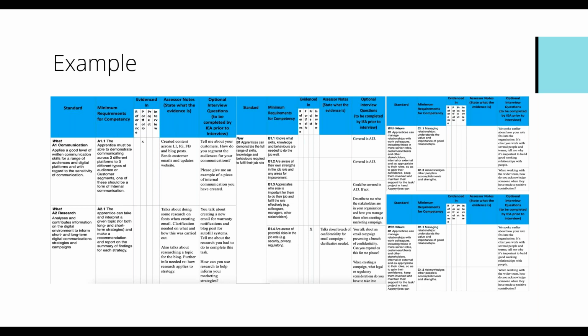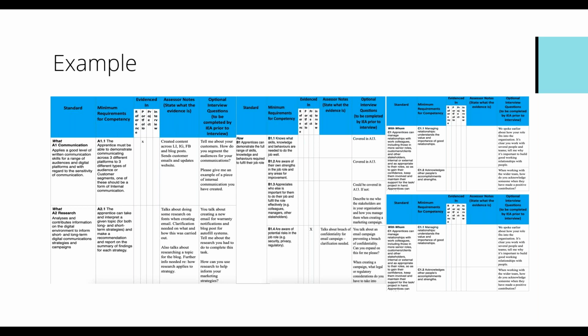So this will be a replication of what is on the assessment plan. We've then got a column for minimum requirements for competency. Then we've got a reference for the independent endpoint assessor to indicate where the standard has been met, the justification for the independent endpoint assessor, and then the optional interview questions.